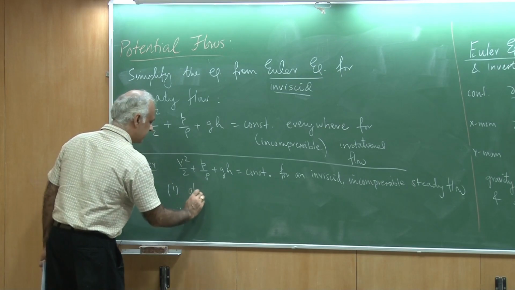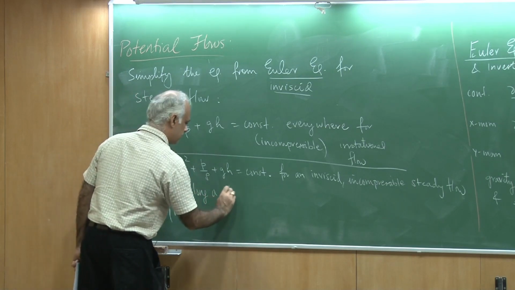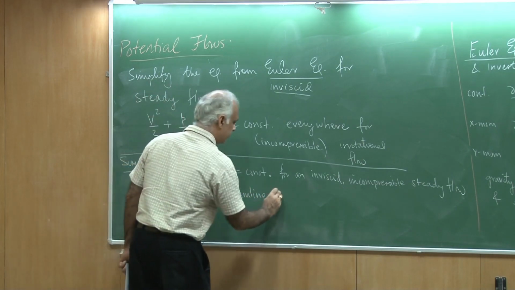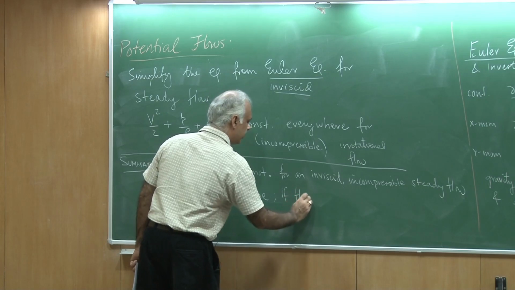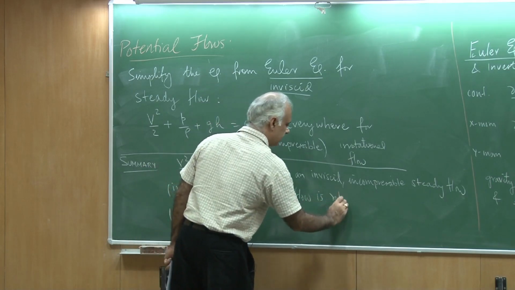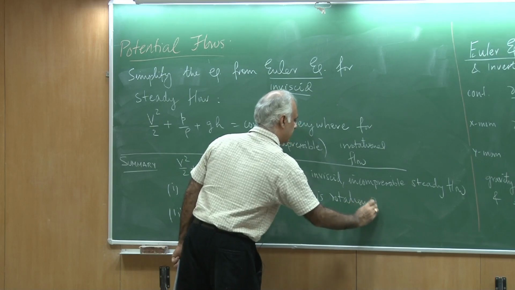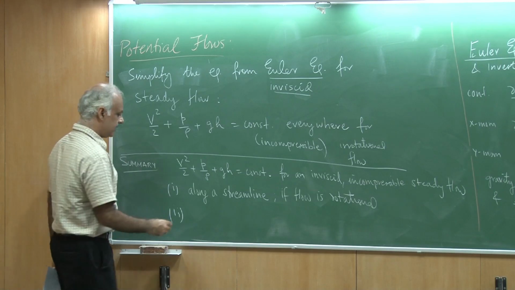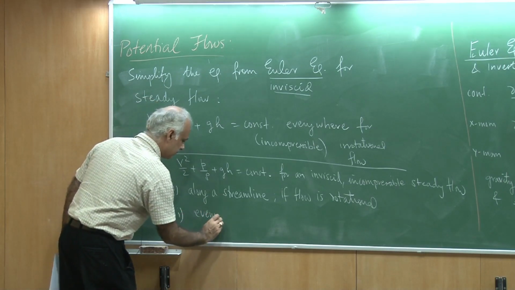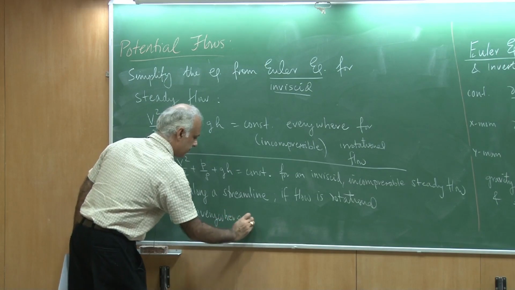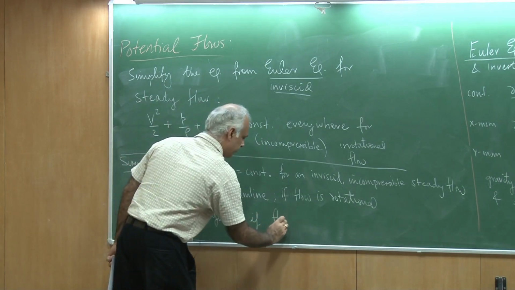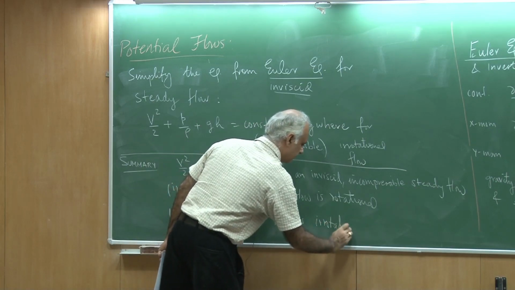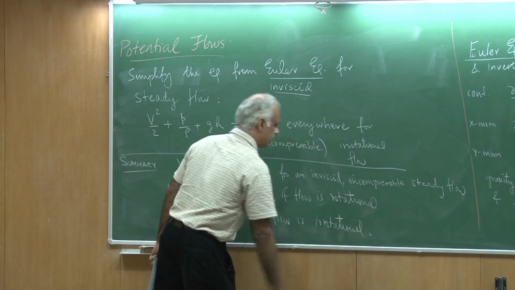Along a streamline, that is the original Bernoulli's equation, if flow is rotational, and what we have just shown is that it is constant everywhere if the flow is irrotational.